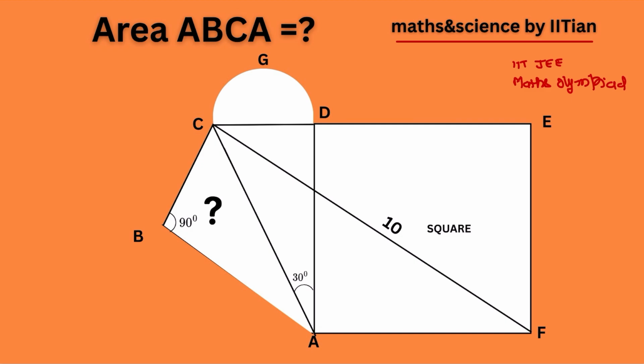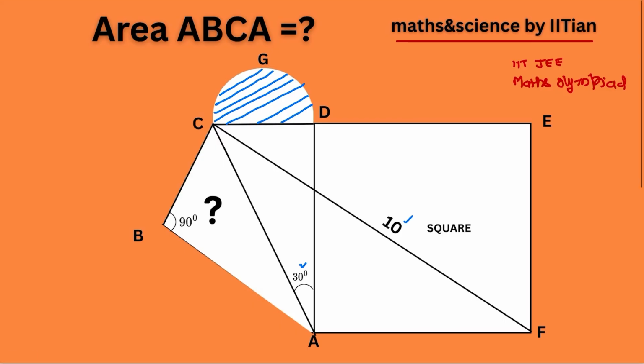In the previous lecture, we have seen or calculated the area of the semicircle above the extension portion of the square, and only one dimension is given, from C to F, 10 units, and angle 30 degrees is given, angle CAD.